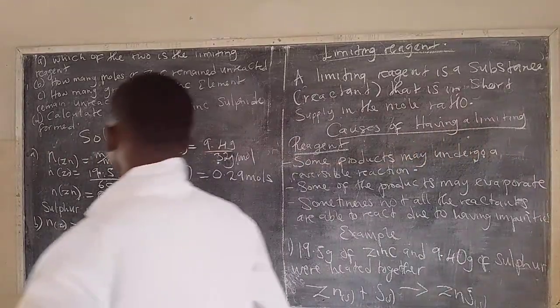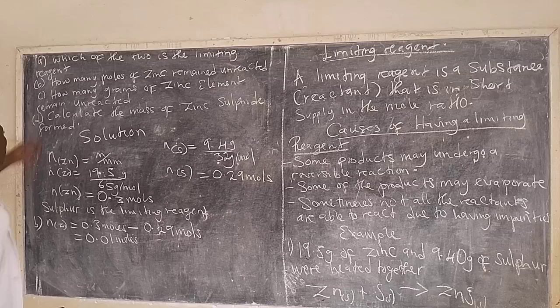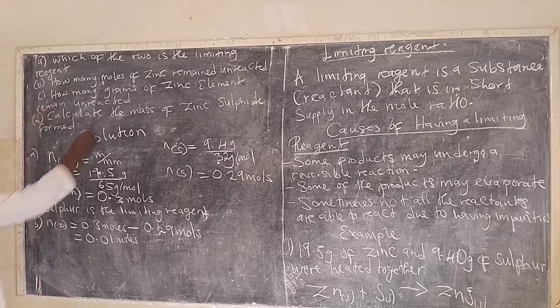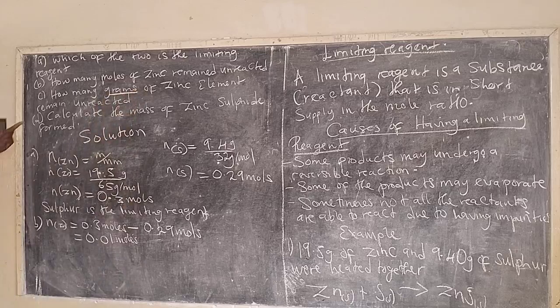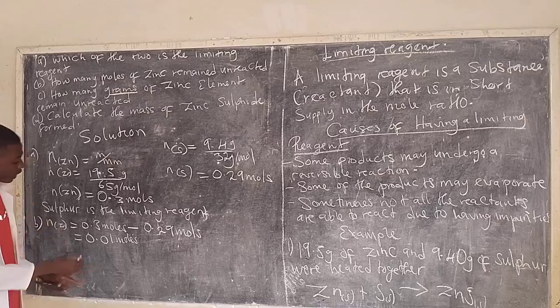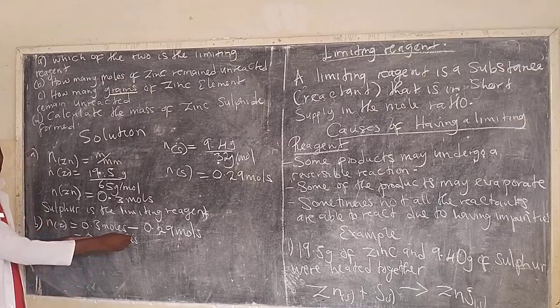Now, having considered that, we look at part C. We are asked how many grams of zinc element remained unreacted. This time they want the grams of zinc which remained unreacted. So it means the mass that remained unreacted came from the remaining number of moles.